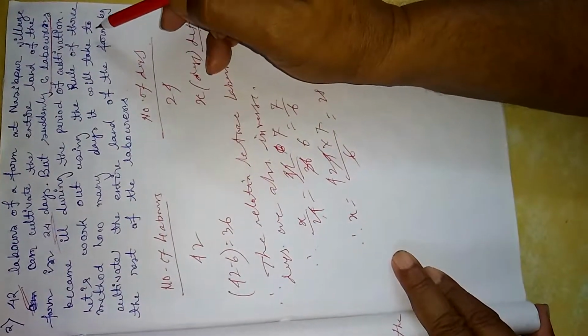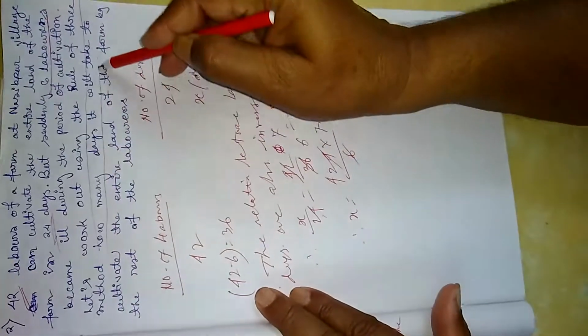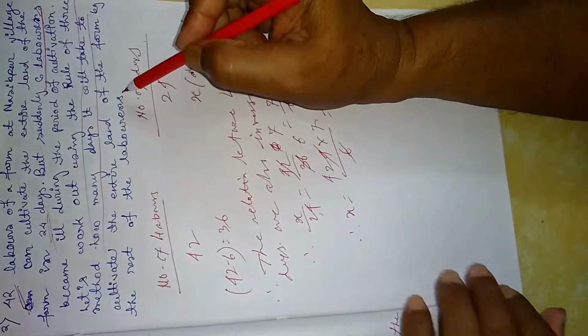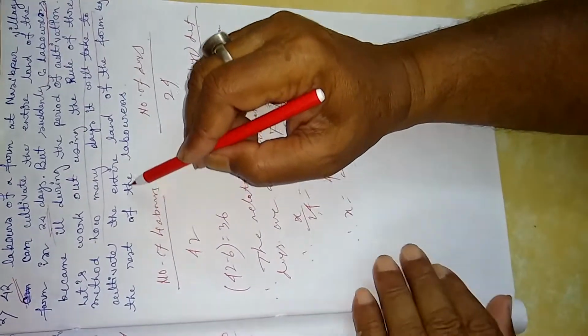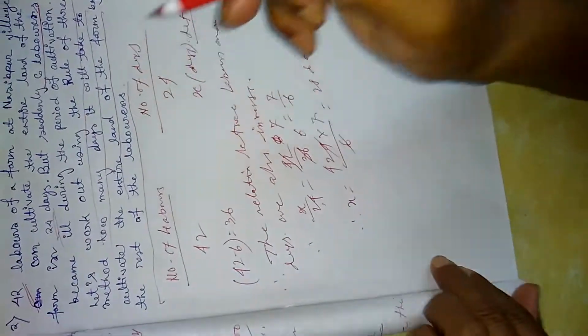Therefore, the question was: let's work out using the rule of three method how many days will it take to cultivate the entire land of the farm by the rest of the laborers.